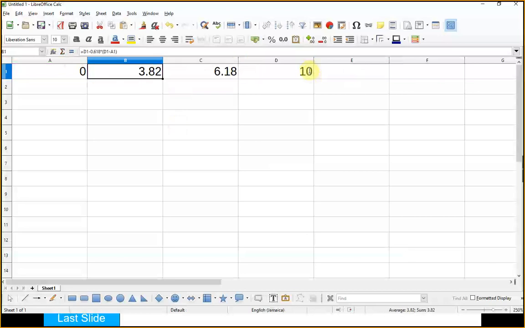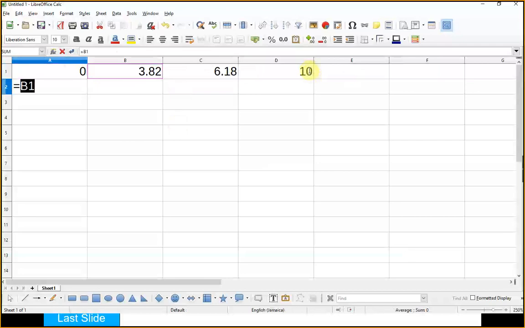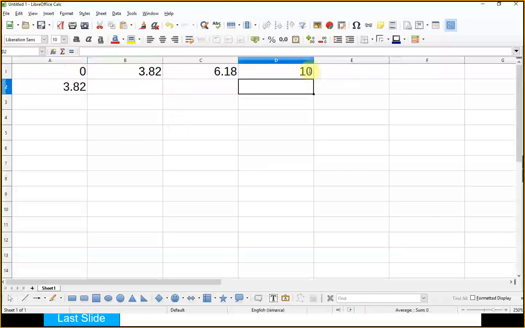Alright, now here's why we call it a golden number. Let us say I decide to make this the new bound. That is, make this value one side of the bound and 10 remains the other side of the bound. Okay?